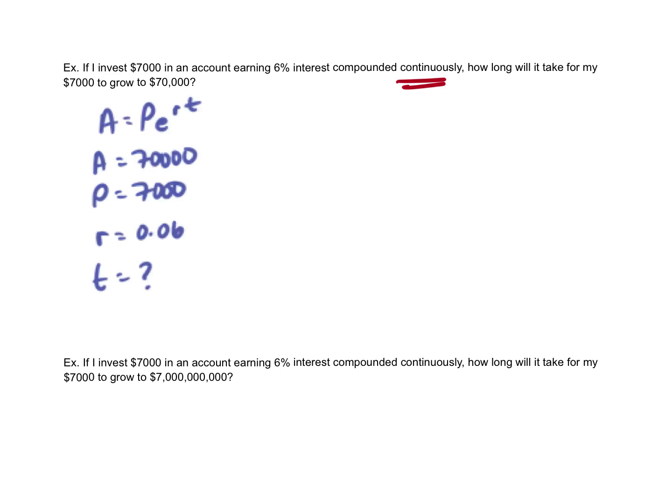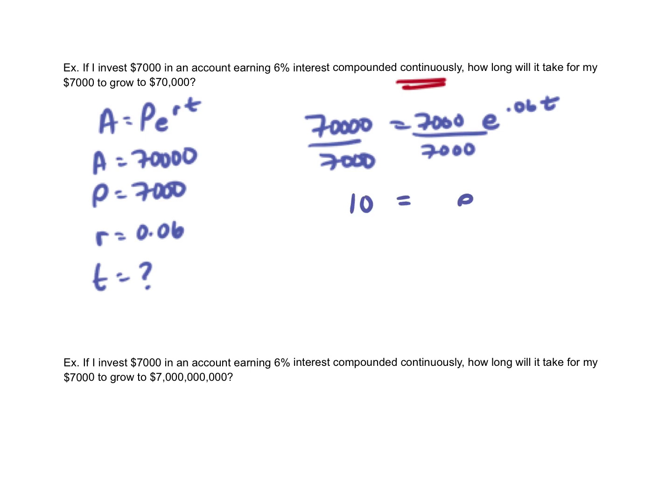So no compounding, no n in this case because it's continuous. So 70,000 equals 7,000 e to the 0.06t. I'll divide out by 7,000. That's going to give me 10 equals e to the 0.06t.